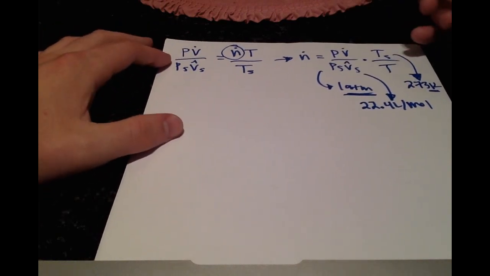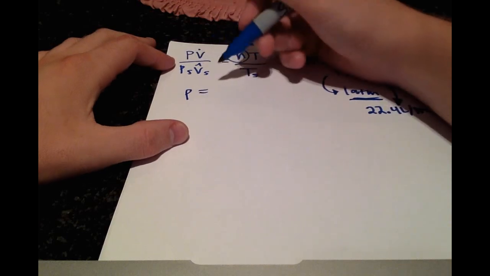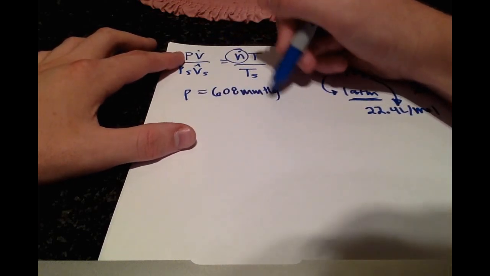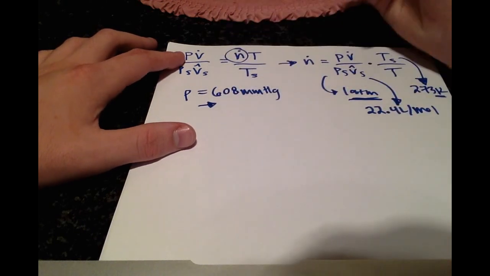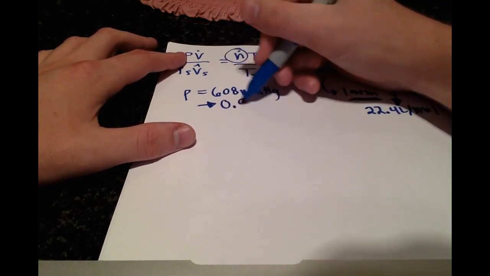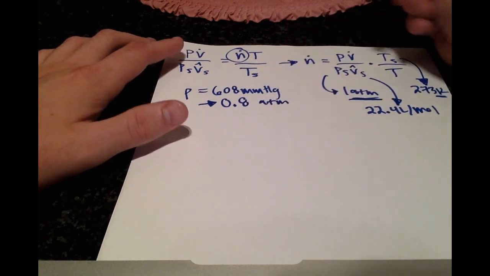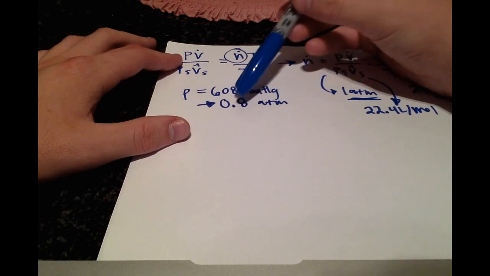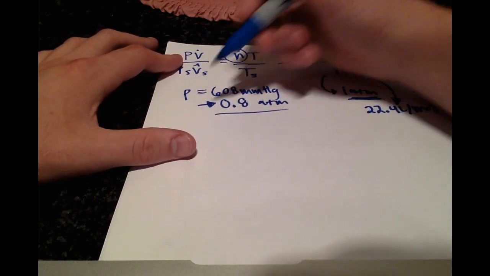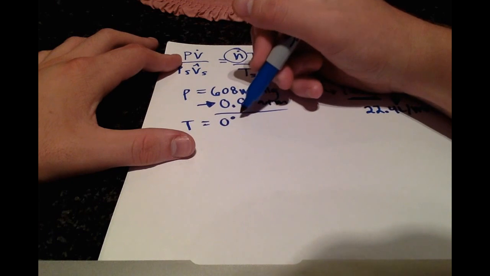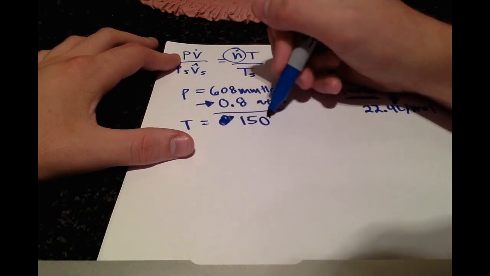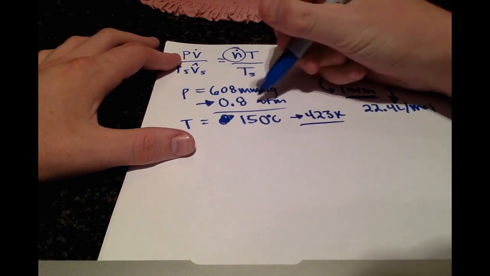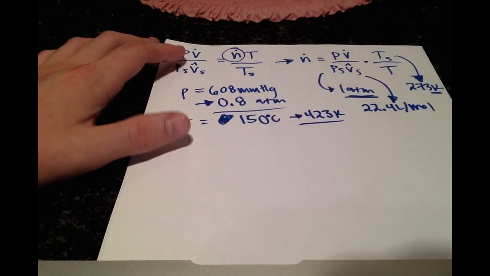The pressure we were given of 608 millimeters Hg equals 0.8 ATM, because there is 1 atmosphere for every 760 millimeters of Hg. And the temperature of 150 degrees Celsius becomes 423 Kelvin. We have to use these values so we can cancel out our units.